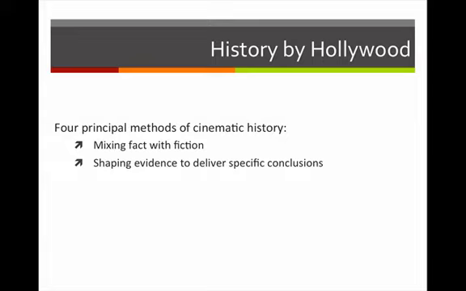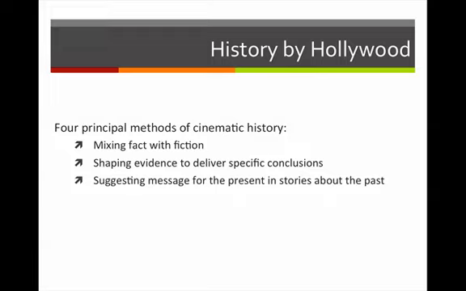Number two, they shape evidence to deliver specific conclusions. So there's a purpose in the movie. There is a why in the movie. There's a moral lesson, or there is some sort of parallel that needs to be drawn, or some sort of message that is being conveyed. And they will kind of shape the history to match that message.